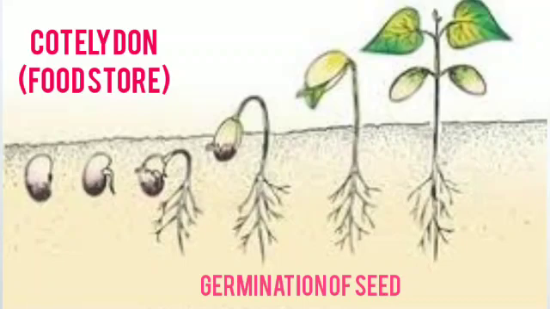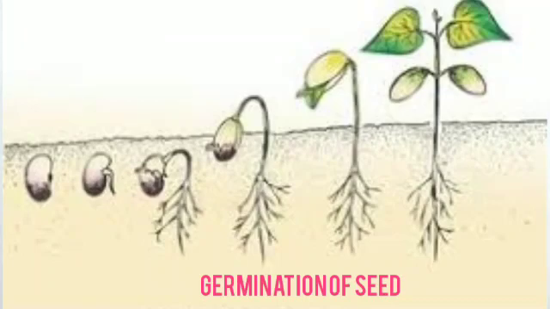As a result, the cotyledons decrease and become small in size. When the plant grows, the seed coat falls away. The plumule grows into the stem and later the branches, then leaves. So this is how the seed germinates. Is it clear?